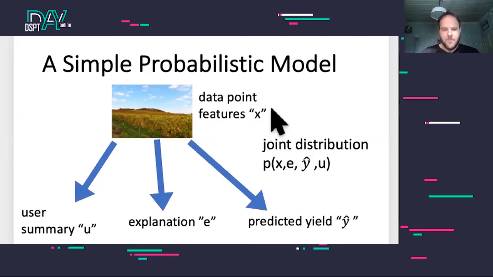In particular, we model the user summary, the explanation, and the prediction of the machine learning method as a deterministic or stochastic map applied to the features of a data point. This model is fully specified by the joint distribution of all random variables. Let us, for the time being, assume that we know this joint distribution for this model.